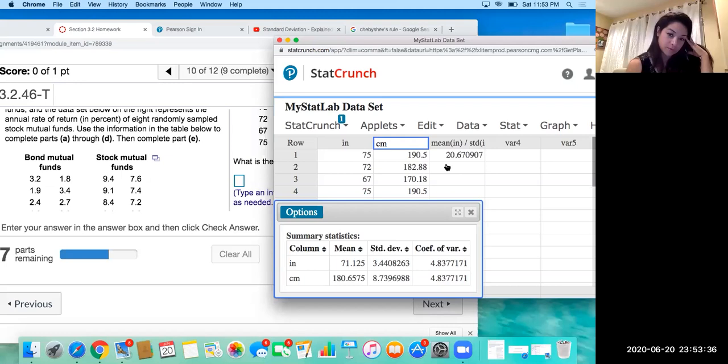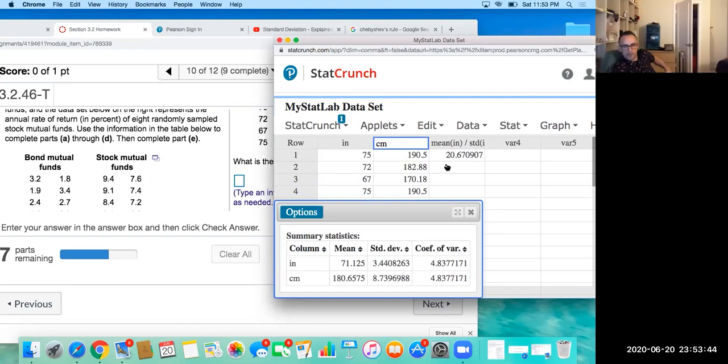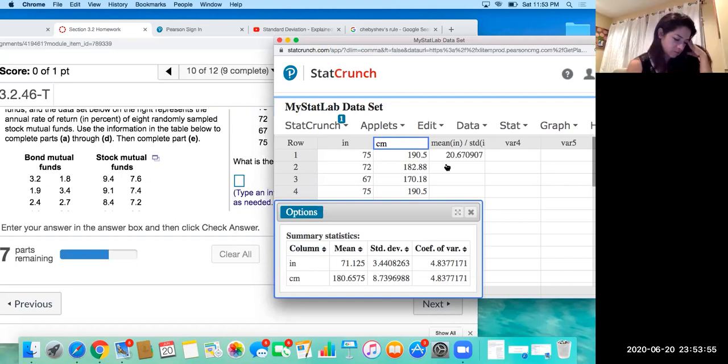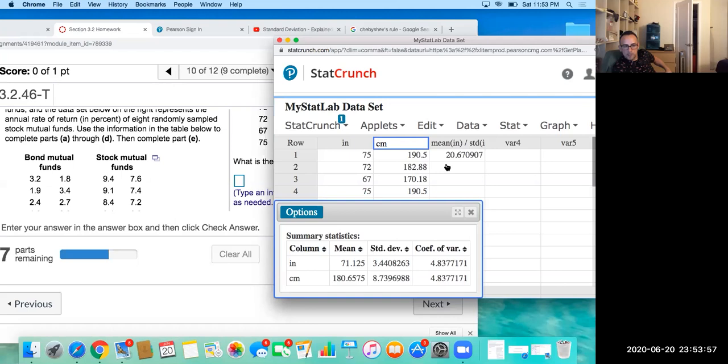So 3.44, right? 3.44. No, 71.125 divided by 3.4408. Right? Are you sure? The mean divided by the standard deviation?